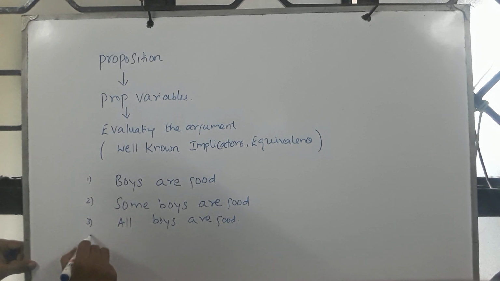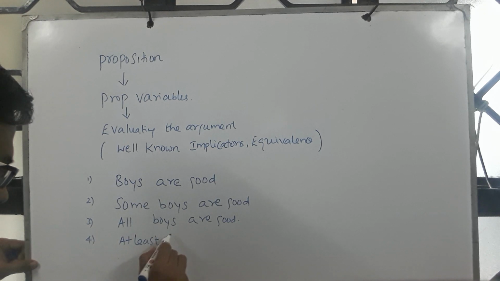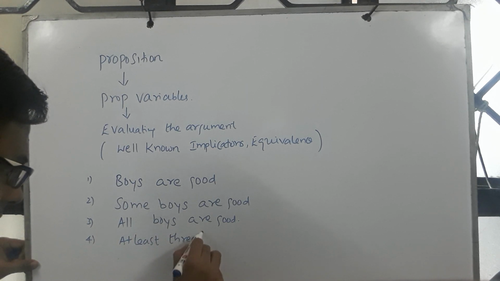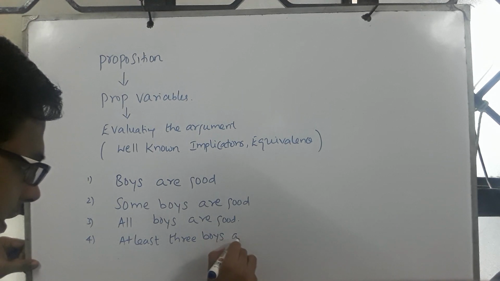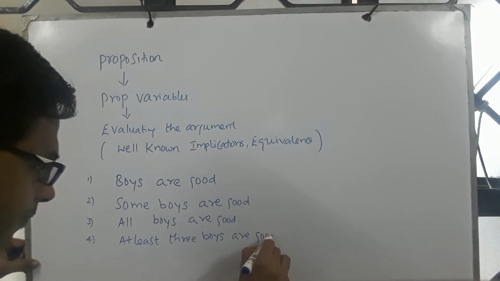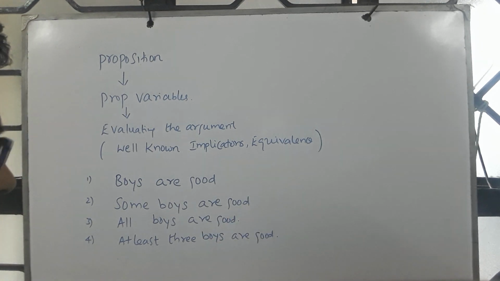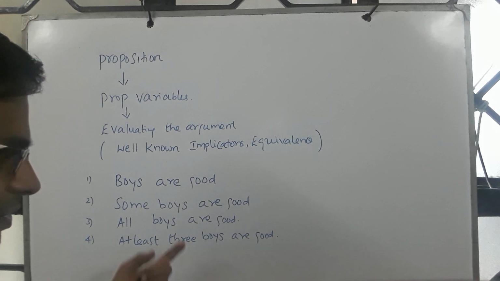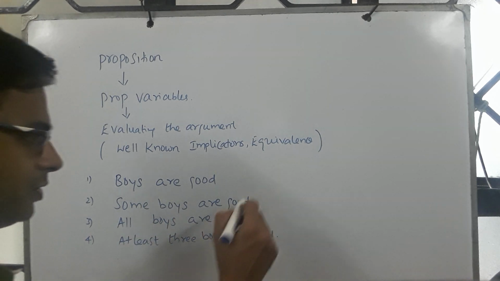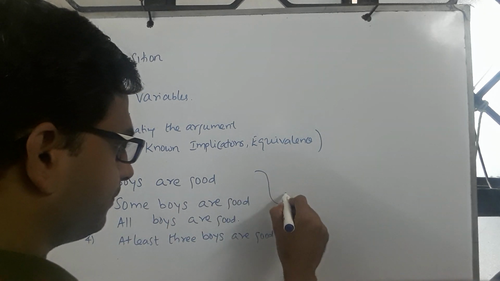So the fourth one I say, at least three boys are good. So you fix a context. With respect to a context, these are all context sensitive propositions. So all are propositions.